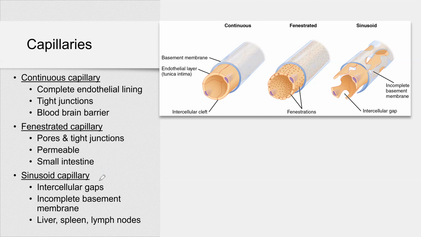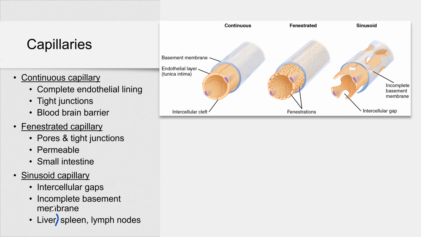So they have intercellular gaps and an incomplete basement membrane. Now you would find sinusoids in the areas where you need large substances to move in or out of these capillaries, and that will be in the liver, spleen, and lymph nodes.